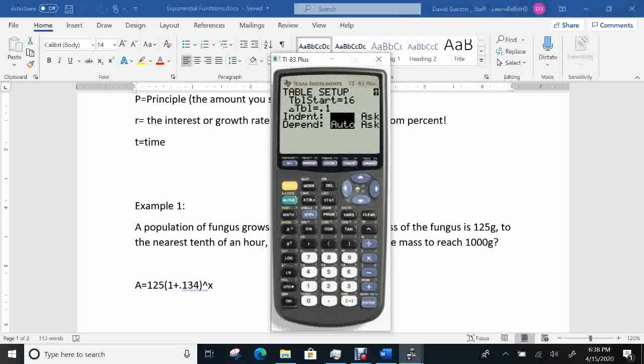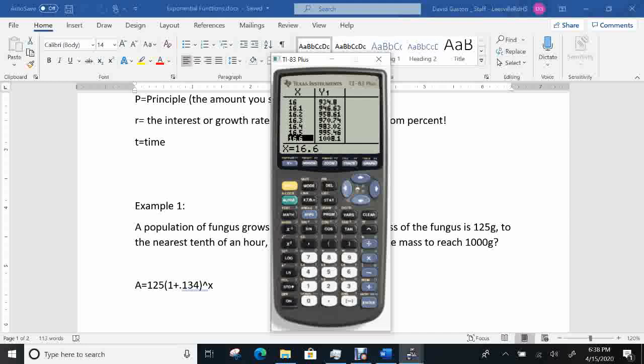Now when I press second and graph, when it brings up the table, notice that it goes 16, then 16.1, 0.2, 0.3. It's not going by whole numbers. It's going by tenths. So as I scroll down here, I notice that it's sometime between 16.5 hours and 16.6 hours when it reaches 1,000 grams.